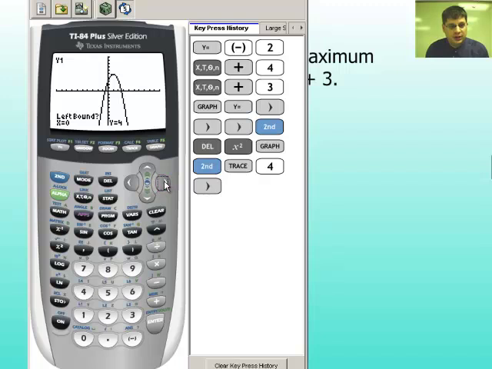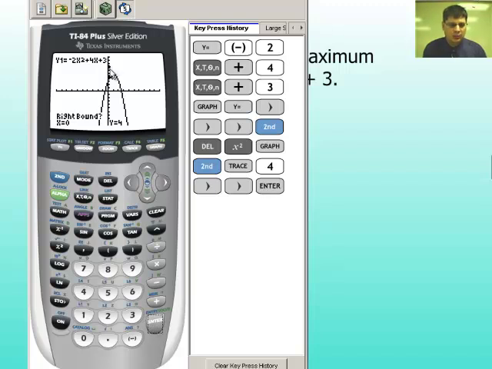So left boundary means it's not going to go any further to the left than where I tell it to. So I can use the left and right arrow keys to move this cursor along the graph, and I want to move it just a little bit to the left of the vertex, and then I'm going to press enter, and a little arrow pops up.